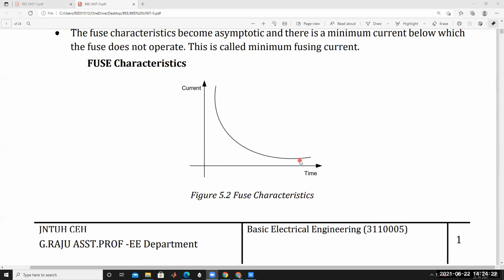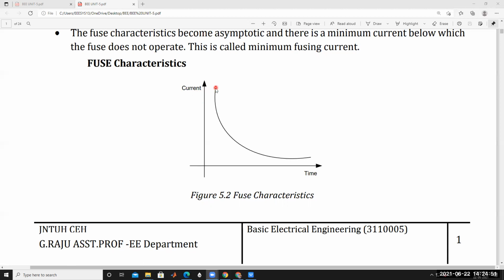Okay, try to focus here. The time is more, but the current is less. That means here the fuse may or may not operate. But here the fuse must operate, within a very short time, because the current is maximum.